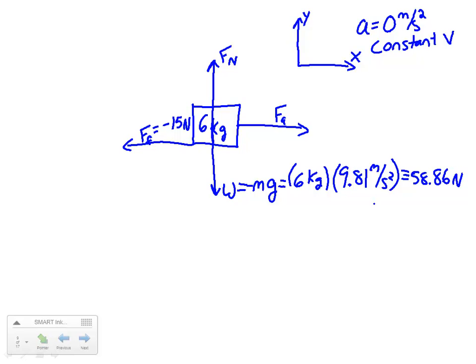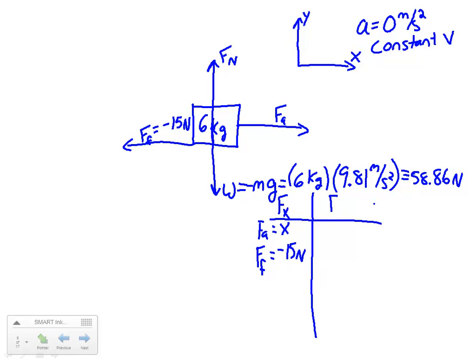Create a chart for the forces in each direction. Now I'm just going to hope that my cord here reaches far enough. Let's start with the forces in the x direction. I've got the applied force, which I don't know yet, and the force of friction, which is negative 15 newtons.